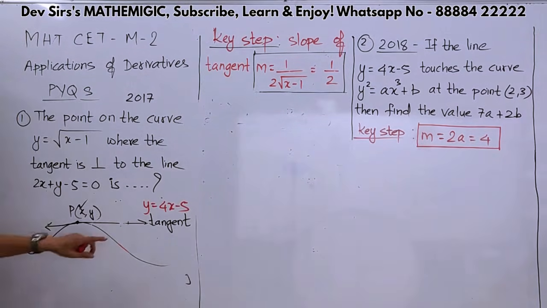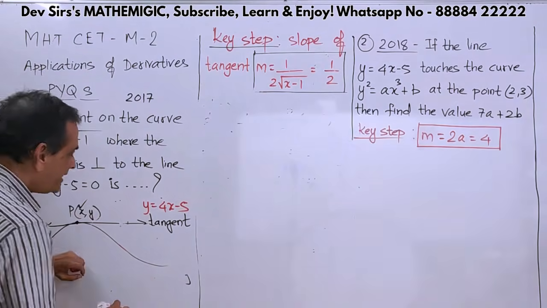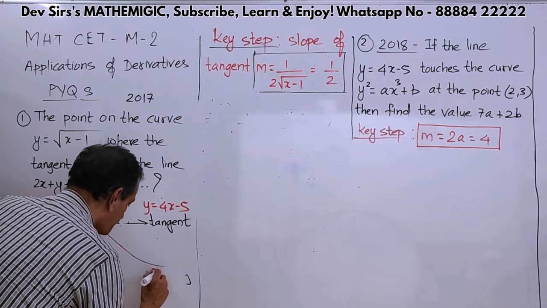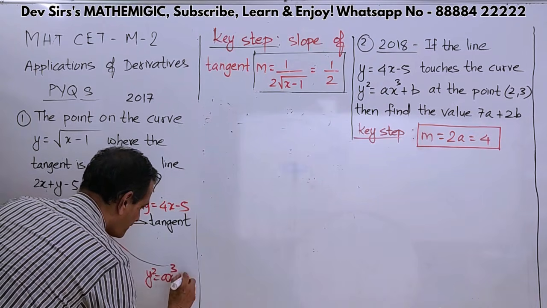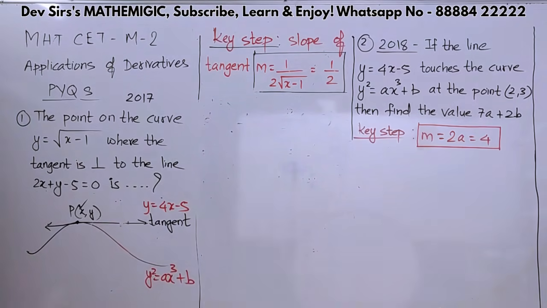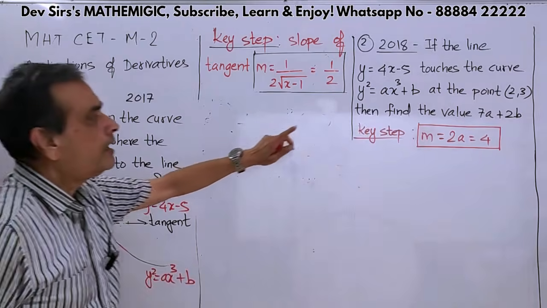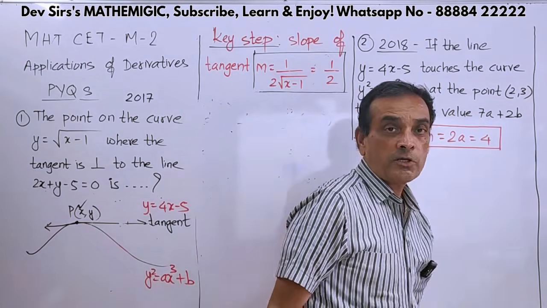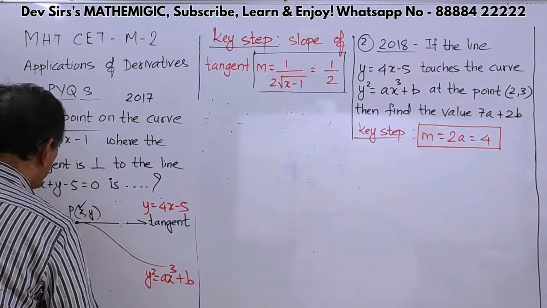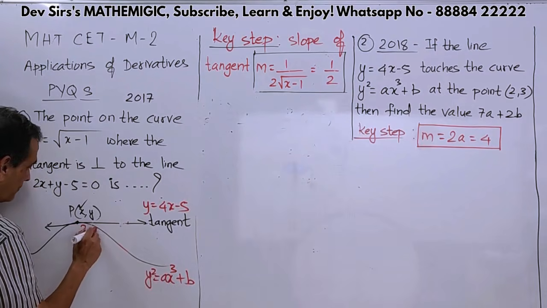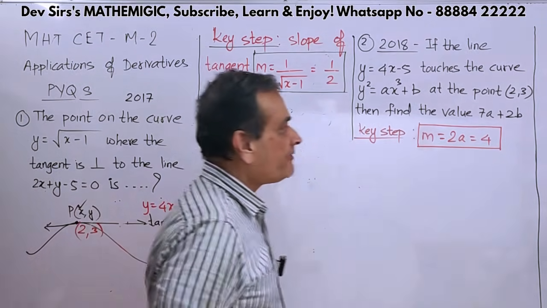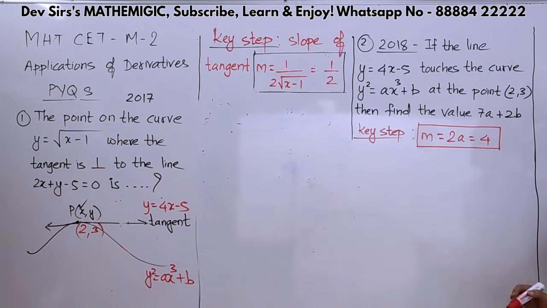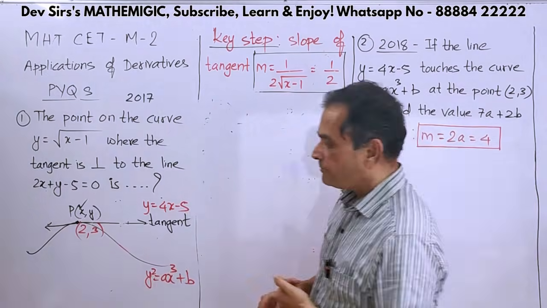This equation of curve is given. y squared is equal to ax cube plus b. At the point, so here point of contact is given 2, 3. x, y means 2, 3. Then find the value of 7a plus 2b. That is the question asked. Find the value of 7a plus 2b.